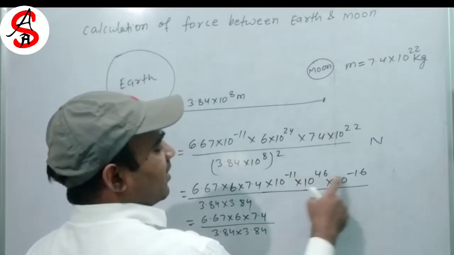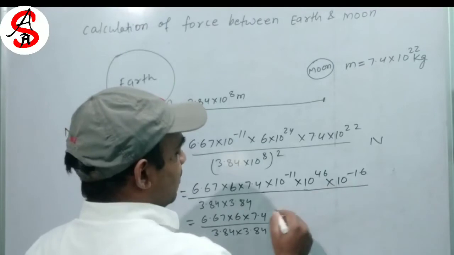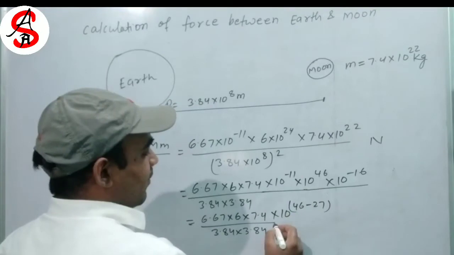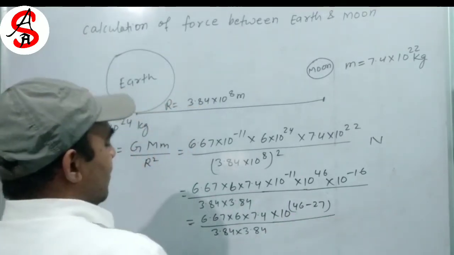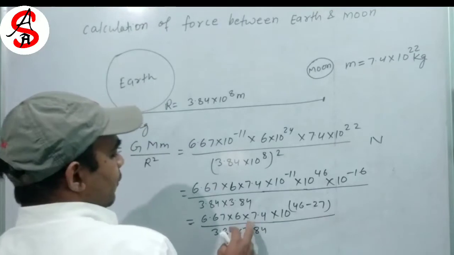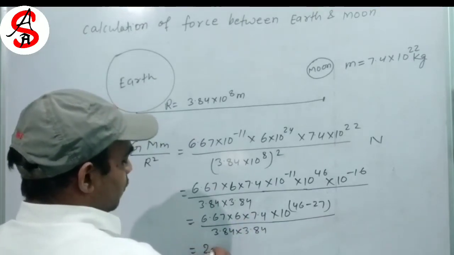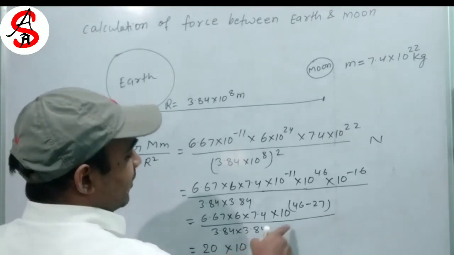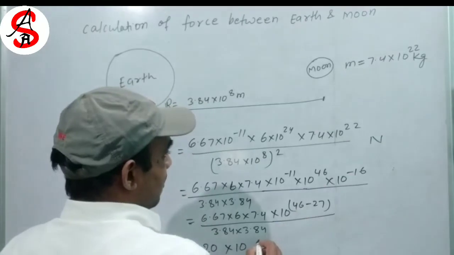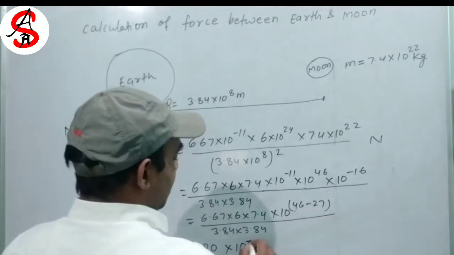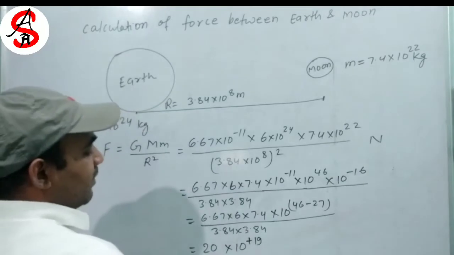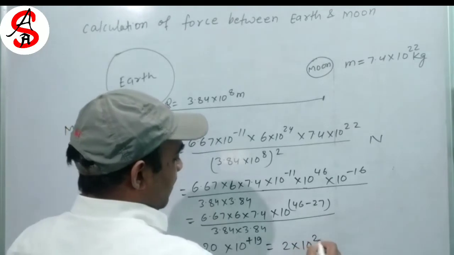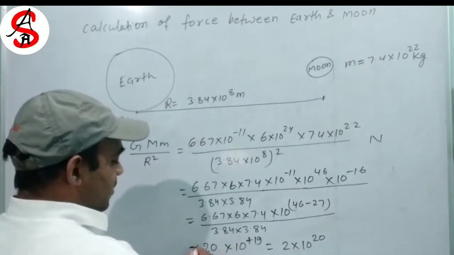This will become minus 11 minus 16, that is minus 27, so 10 to the power 46 minus 27, and it will become approx 2 into 10 to the power 19, or approx 20 into 10 to the power 19, or you can say 2 into 10 to the power 20. This is the approx value.